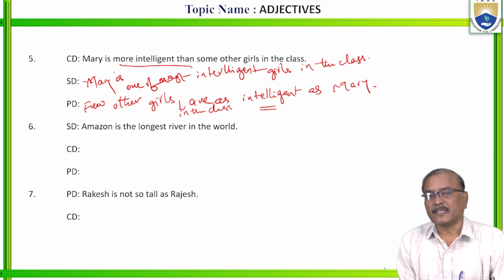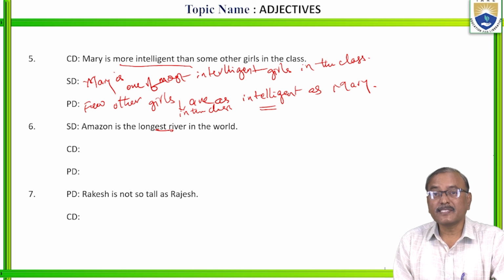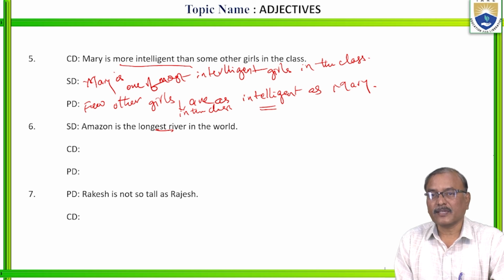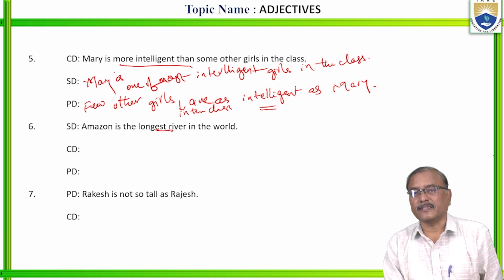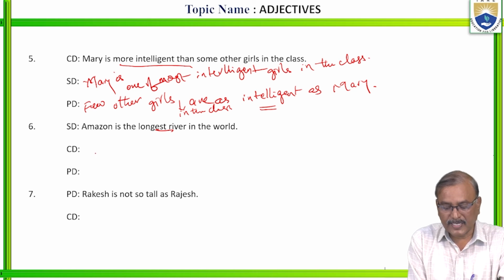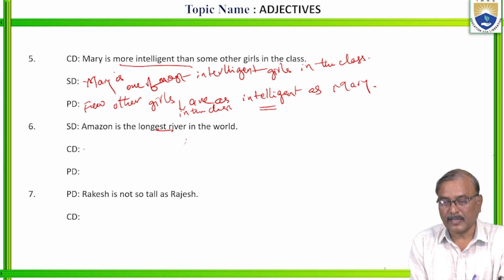So see the next example. Amazon is the longest river. Is it one of the longest or the longest? It is the longest. Means no one is equal to Amazon. No other river is equal to Amazon. Right? But he is asking us comparative degree. In the comparative degree, you write here longer. Longer than.